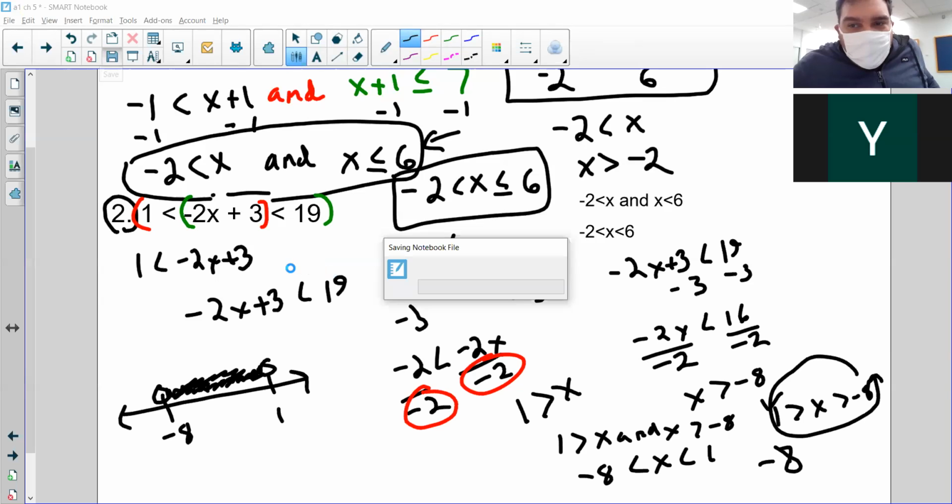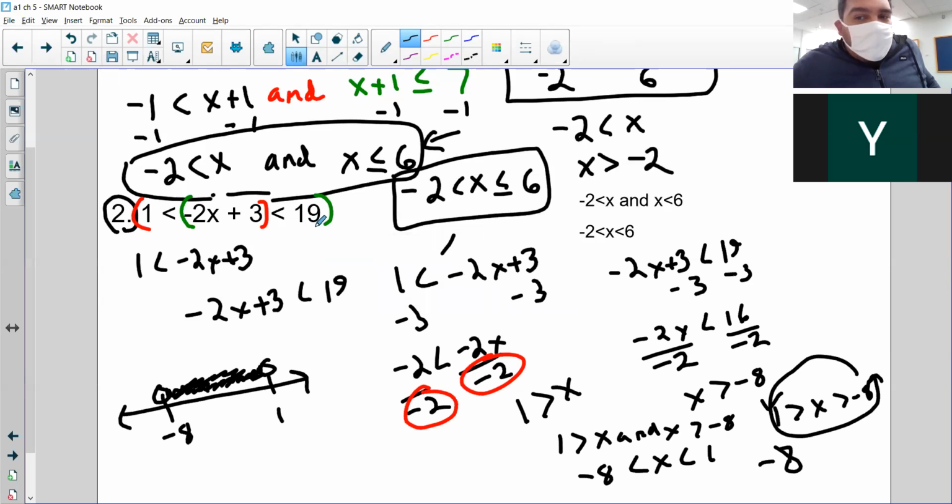Yeah, that could be a big key that you either made a mistake or it means it's all real solutions, which hopefully we'll cover today. If you do get a situation like that, it could be 2 things: either you did it wrong or you got an all real solution, which could happen.